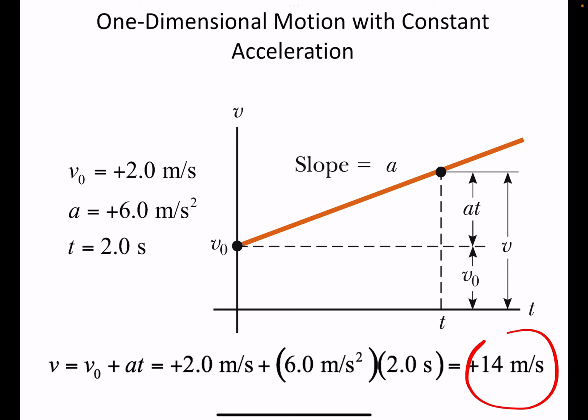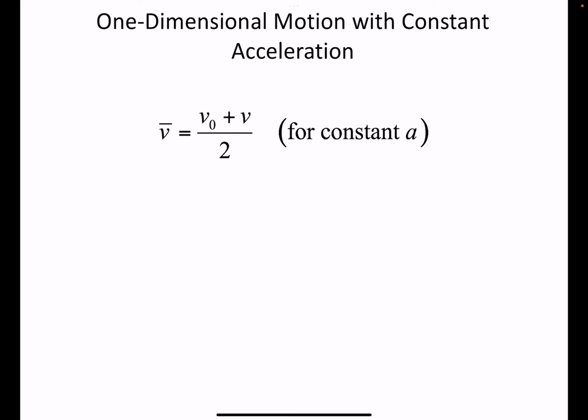Because the car started with 2 meters per second and the acceleration is 6 meters per second squared, after 2 seconds the velocity of the car increased by 6 times 2, which is 12. 12 plus the initial velocity 2 gives us 14. And the velocity versus time plot has to have a fixed, constant slope.